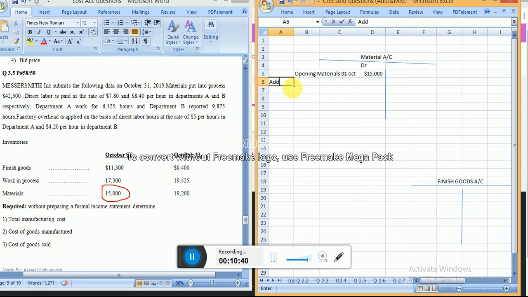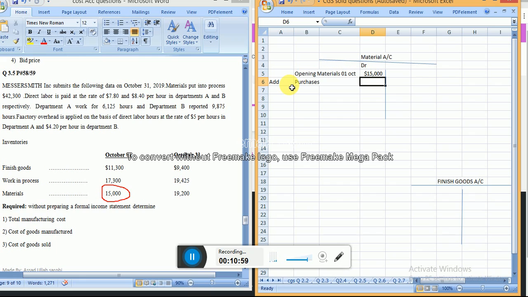So add purchases. How many? In the question, material purchases are not given.